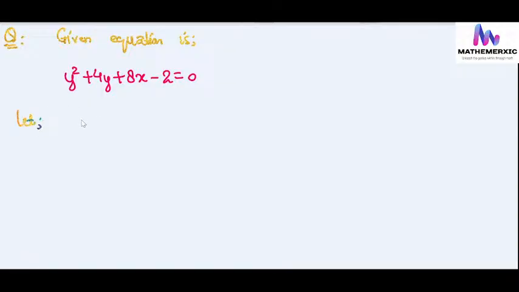So we have to let the origin be shifted. The concept I have used is the same, but you have to use it slightly differently. Let the origin be shifted to h comma k. Then what will happen?